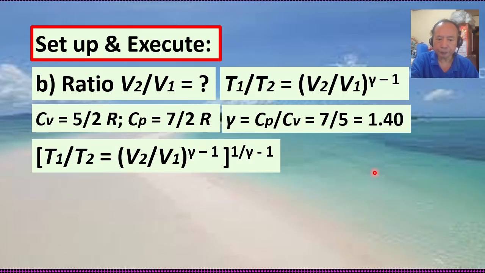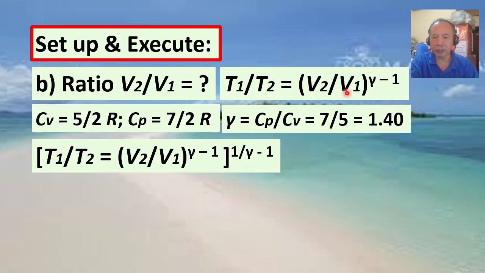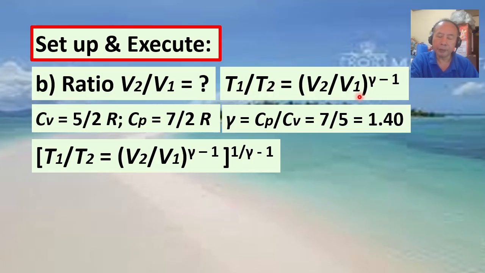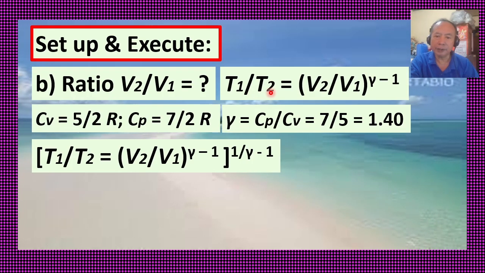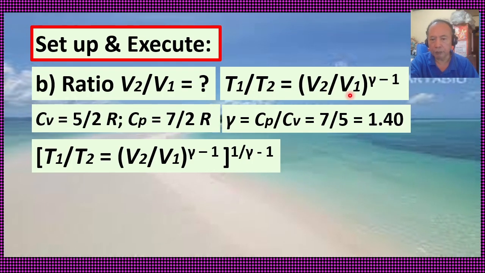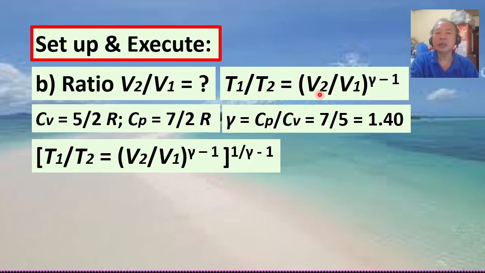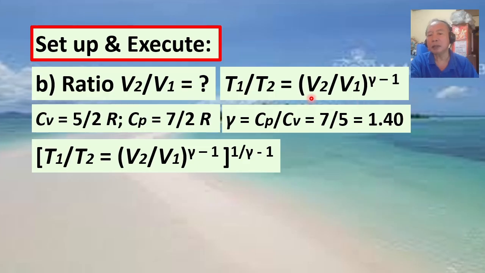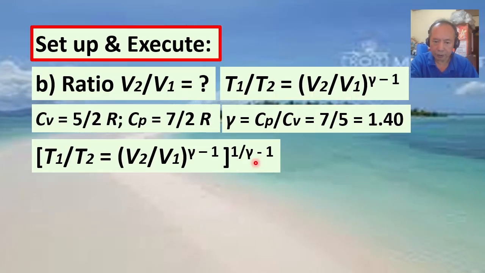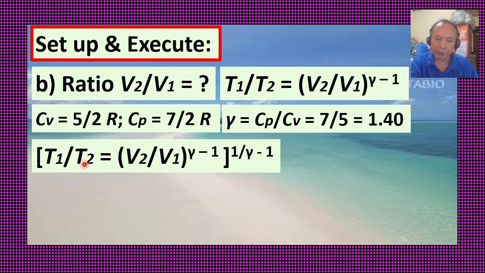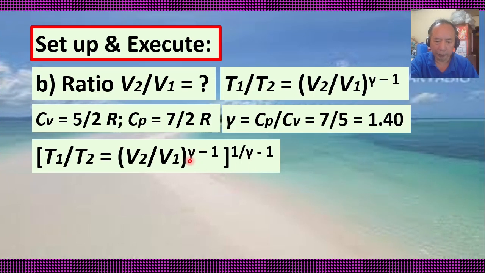So, in this derived formula relating the ratio of the temperature to the ratio of the volume, since our goal is to isolate the ratio V2 over V1, what we can do is multiply the whole equation by the reciprocal of our power.